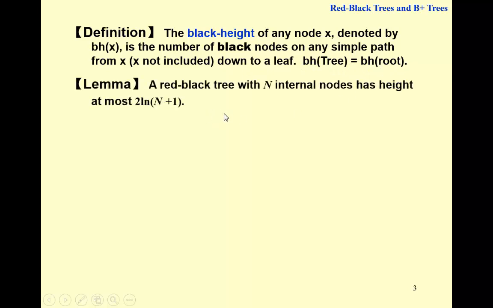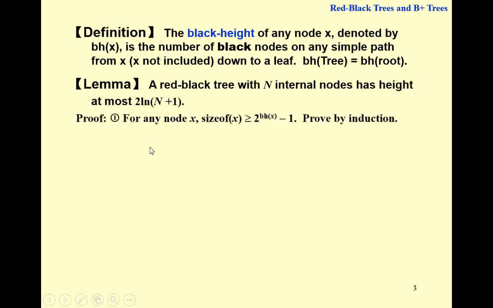And then we have this very important lemma. A red-black tree with n internal nodes has height at most 2 log(n+1). That tells us that even though a red-black tree is not as balanced as an AVL tree, it is still sufficiently good because the height is guaranteed to be O(log n).